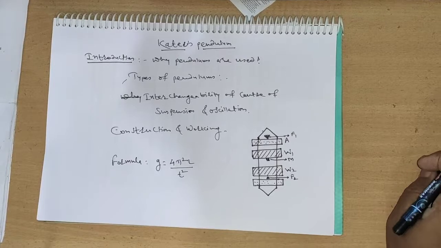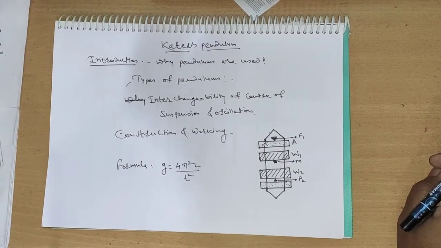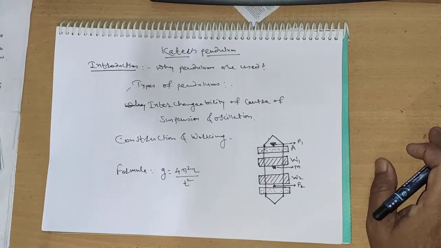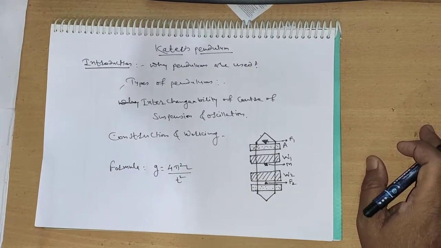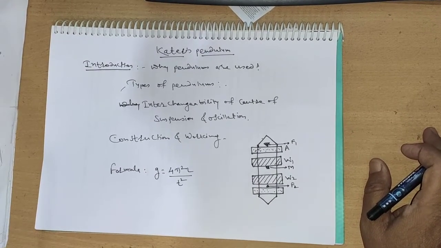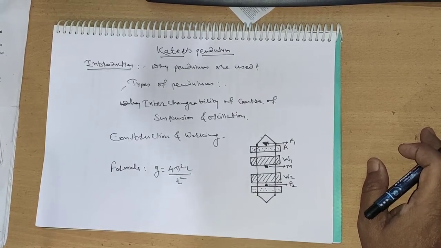See friends, due to this large value of g, bodies fall much too quickly to the surface of the earth when dropped freely, and hence it becomes difficult to measure it directly with any great accuracy.